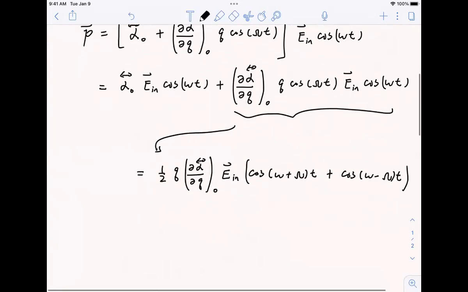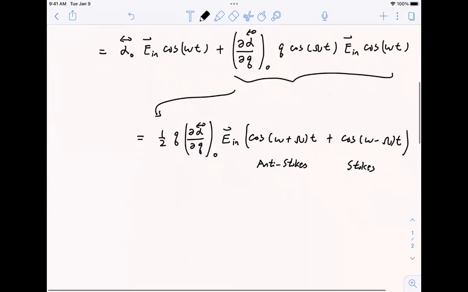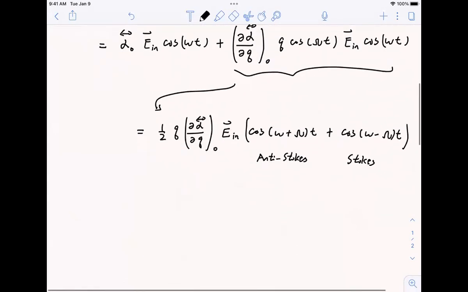So this is the Raman scattering. Basically, this is the anti-Stokes and the Stokes Raman. Here, this is what we call the Raman tensor.